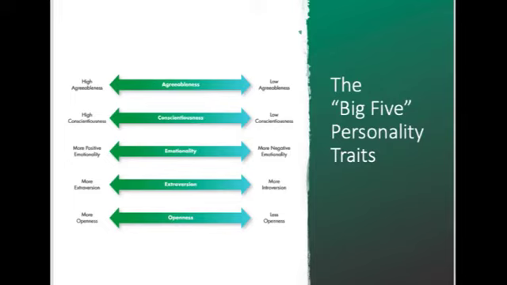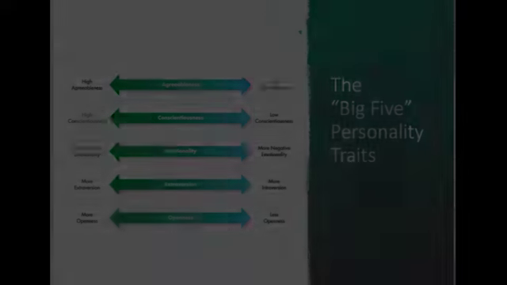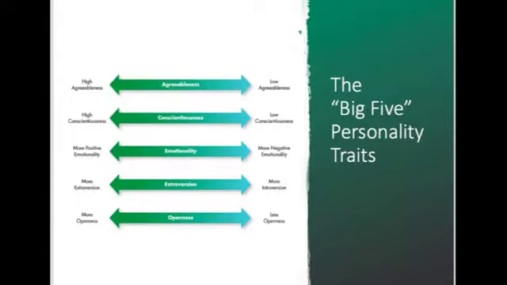What's suggested by this graphic, on the left-hand side, is that high agreeableness, high conscientiousness, more positive emotionality, more extroversion, and more openness would be more desirable in a potential employee, in a candidate for a particular role, than the set of attributes on the right-hand side of the spectra. In other words, it would be less desirable to hire a candidate with low agreeableness, low conscientiousness, more negative emotionality, more introversion, and less openness.